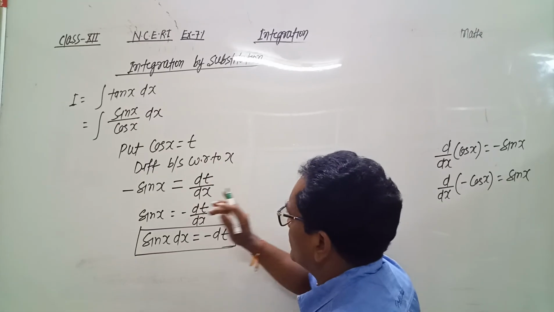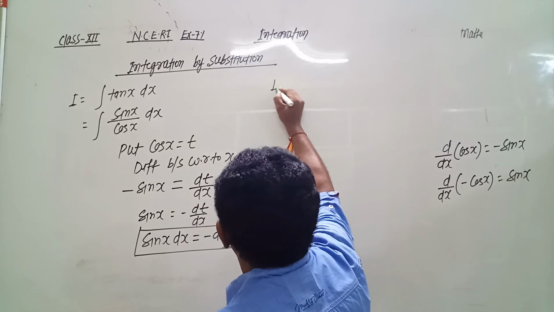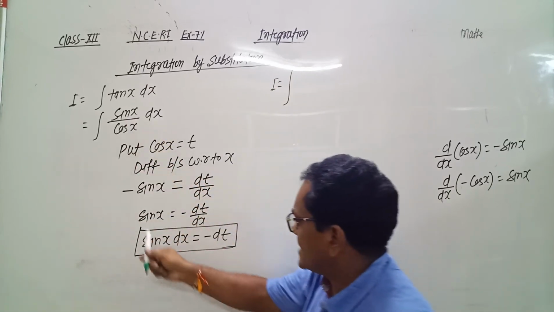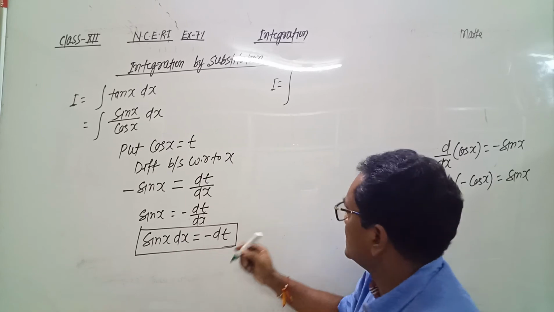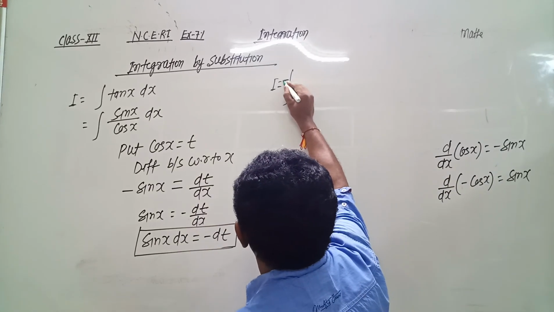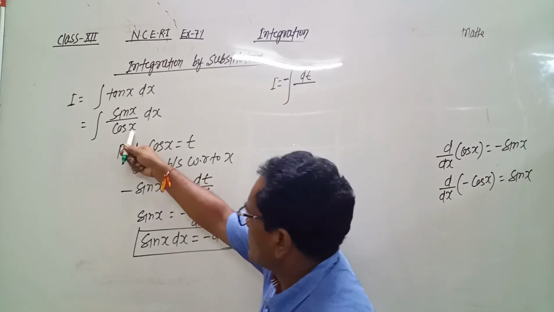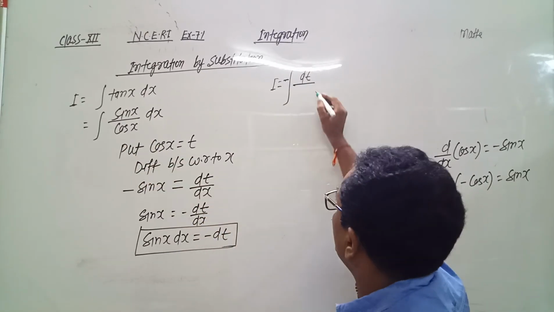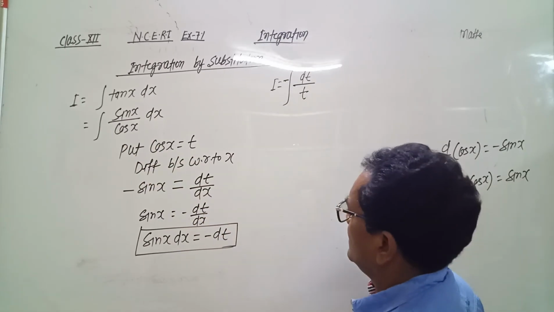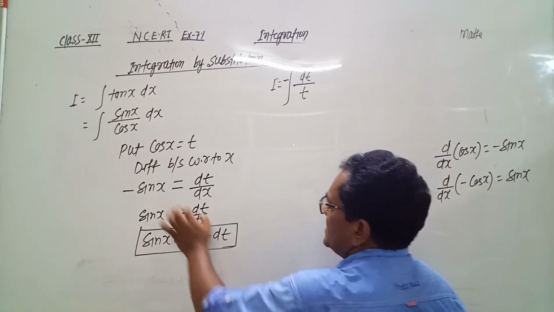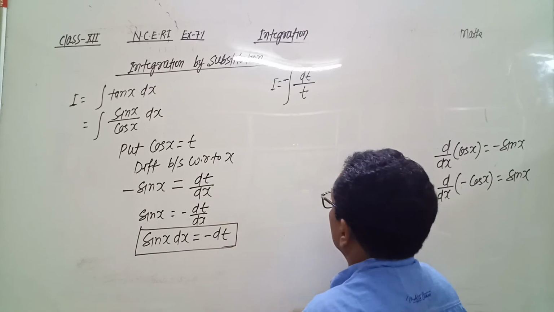Then put the value of sin x dx. So I equals integration sin x dx upon cos x. In the place of sin x dx, we write minus dt, and for cos x we put t.